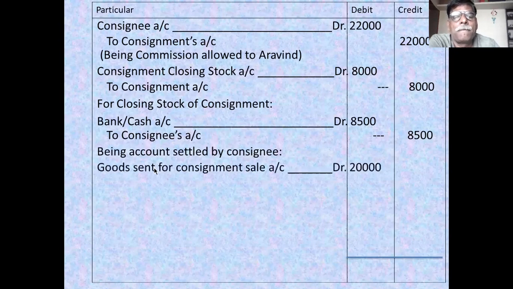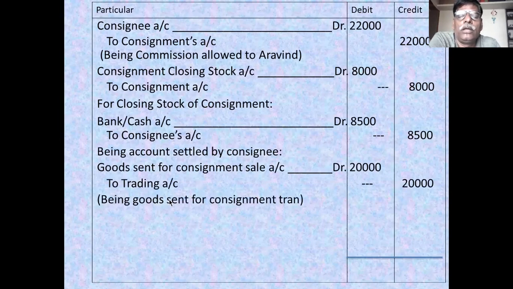Okay. The next is goods sent on consignment account debit 20,000 to trading account 20,000. Being goods sent on consignment transferred. This is for closing the goods sent on consignment account. And last is for closing the consignment account.